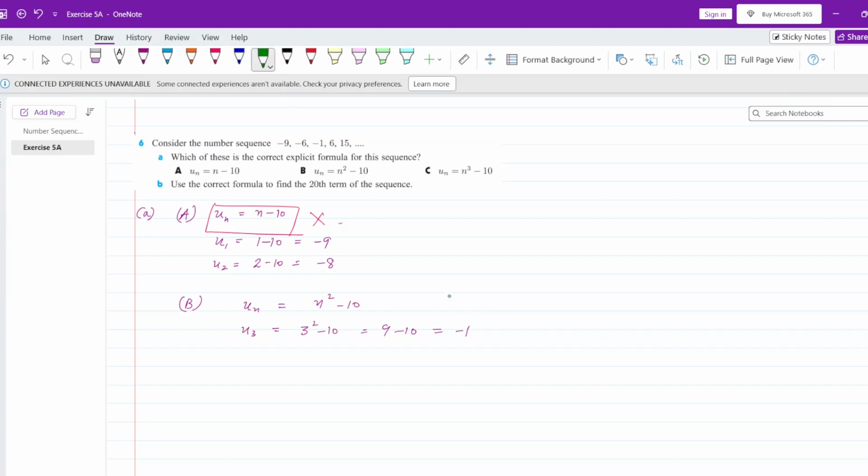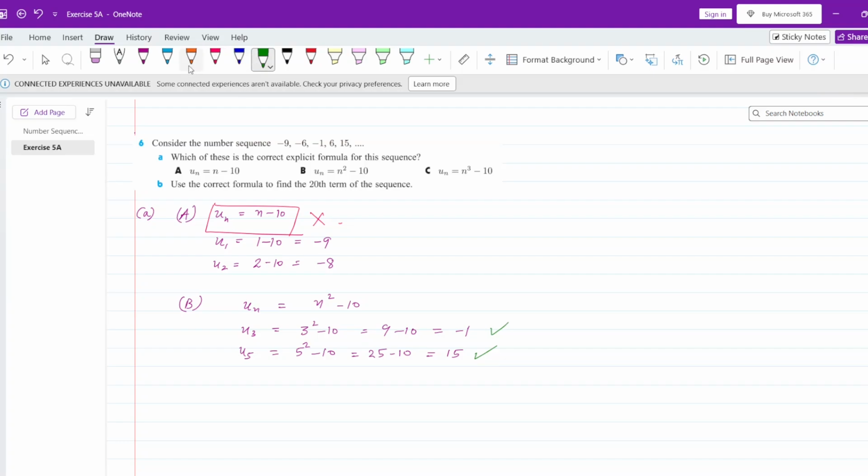So the third term comes out to be -1. This seems correct. Let's check the fifth term. So u5 is 5 square minus 10. That is 25 minus 10. And that is 15. This term also comes out to be true.